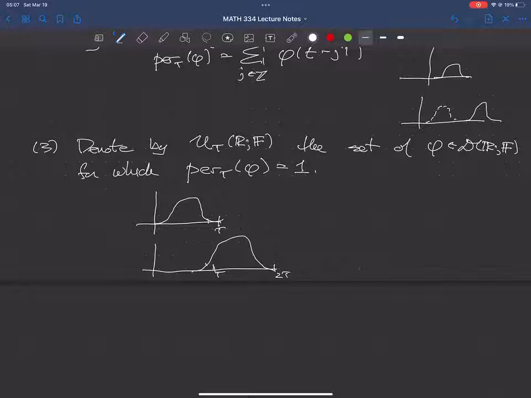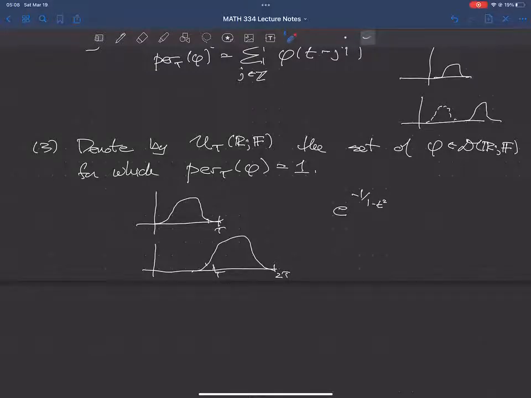Proving the existence of one of these, you have to fiddle a little bit with functions of the form we've looked at before, that are infinitely differentiable with compact support. There's some fiddling around you have to do, but you can do that. So this is a meaningful collection of test signals.